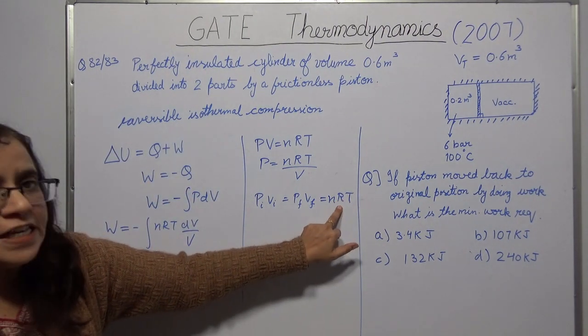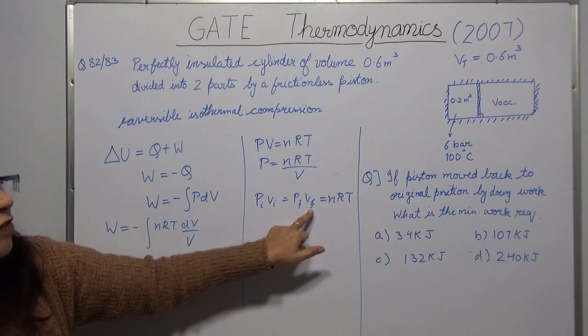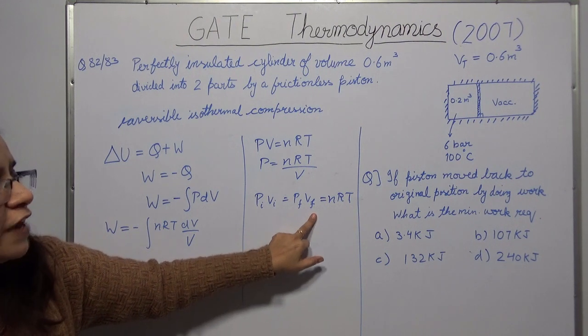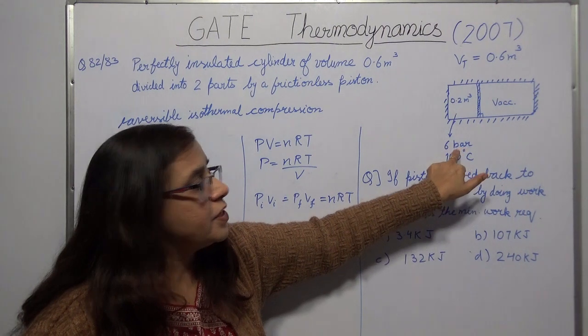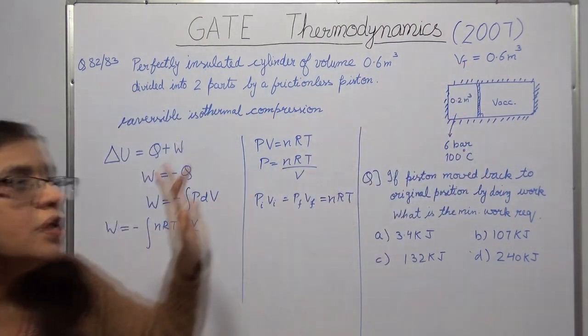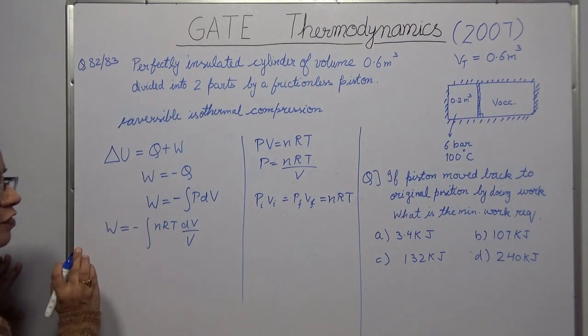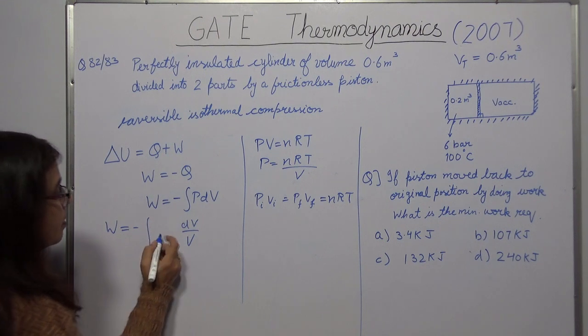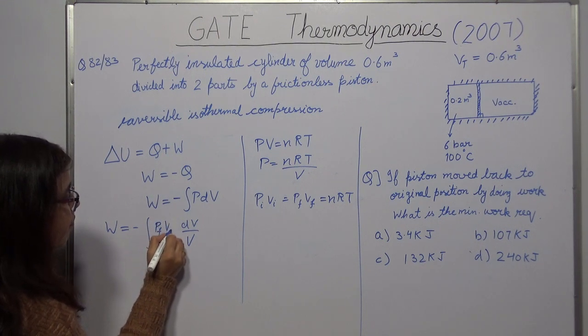So instead of nRT, I can write PfVf. What is the final pressure and final volume? In this case, final pressure is 6 bar and final volume is 0.2 meter cube.